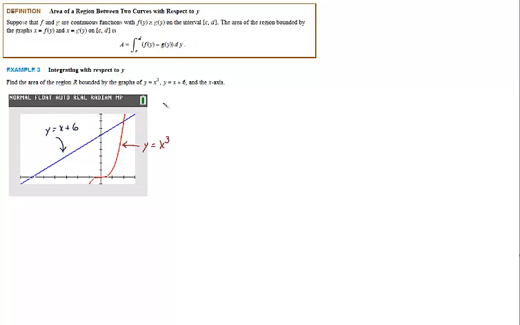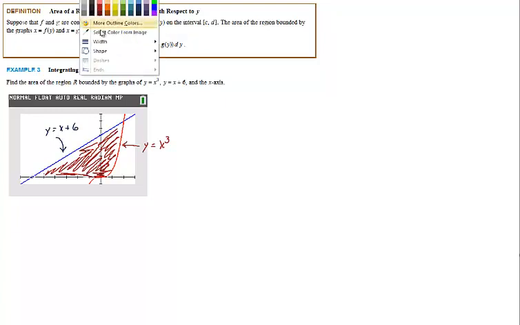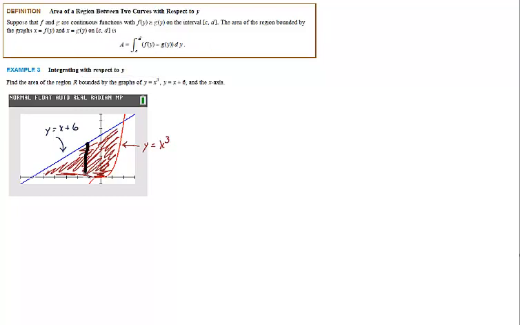So I want the region bounded by these two curves and the x-axis. So basically I'm looking at this region here, and if I were to create my little rectangle like we talked about before, I want you to notice that if I draw my rectangle straight down here, and scoot it left and right and integrate with respect to x, you see how I would have this function x plus 6 on the top here, the x-axis here.